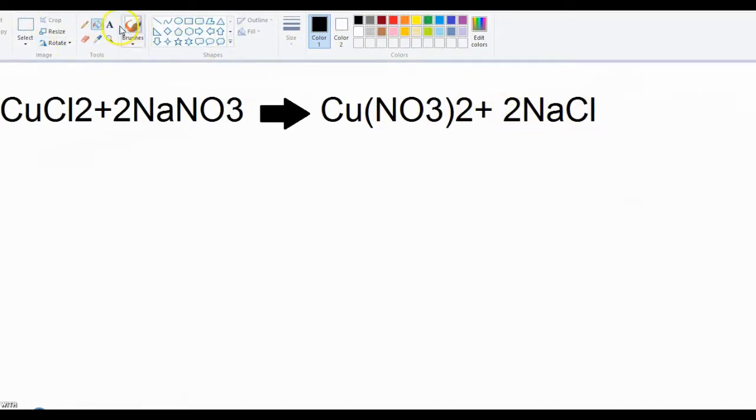So to achieve this, we are given 15 grams of copper 2 chloride and 20 grams of sodium nitrite.